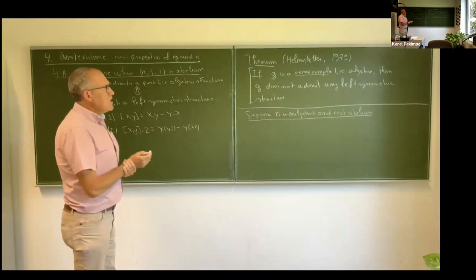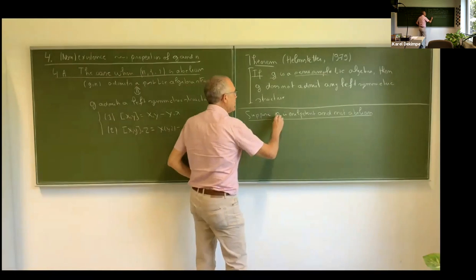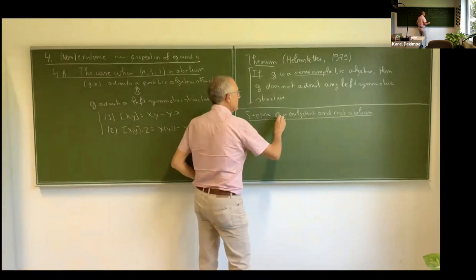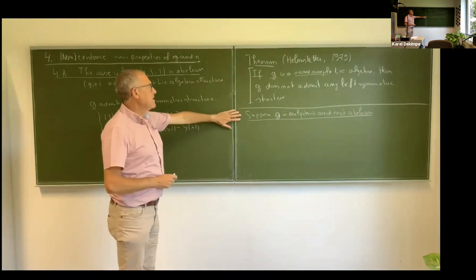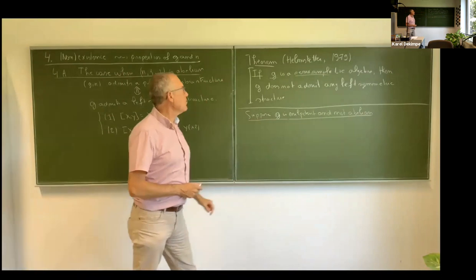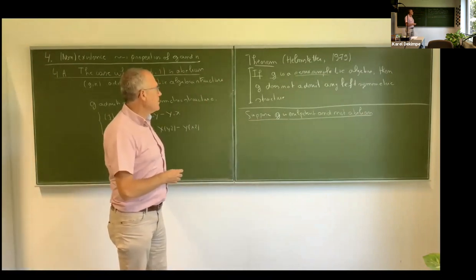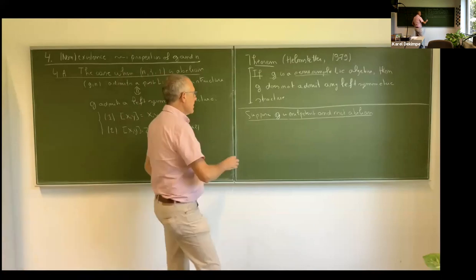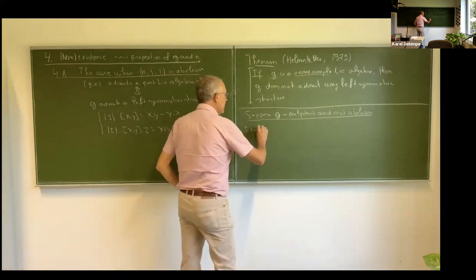Certainly it's not the case that for any nilpotent Lie algebra we can expect to have a left-symmetric structure. But the aim I want to show is that at least some nilpotent ones do have a left-symmetric structure. And for example, an easy example is the following.